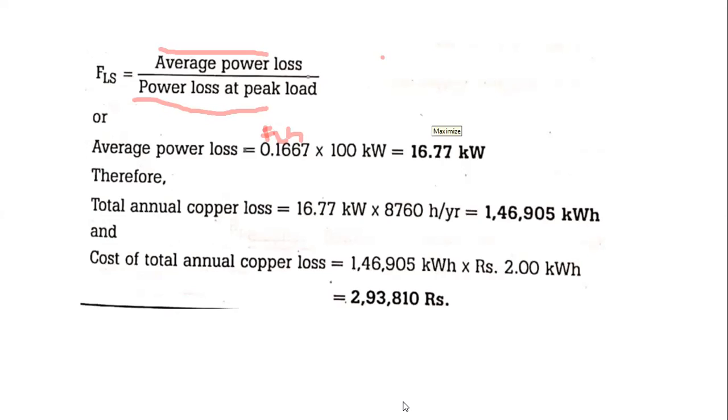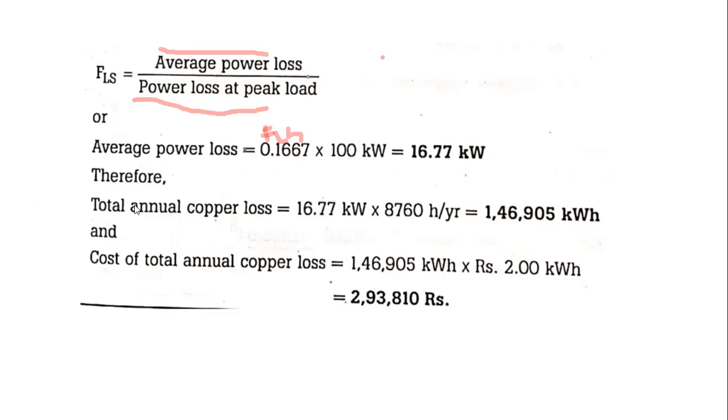Therefore, total annual copper losses is equal to average power losses into hours in a year: 16.77 into 8760. Therefore, the total annual copper losses is 1,46,905 kilowatt hours.